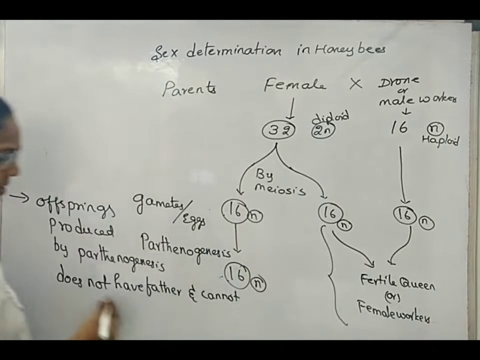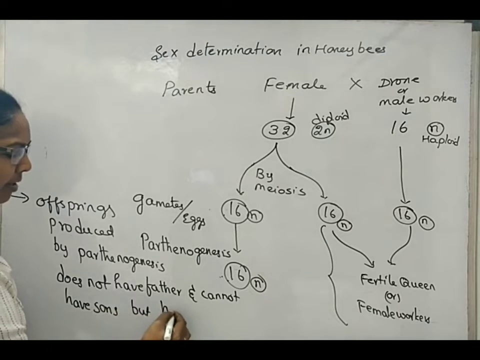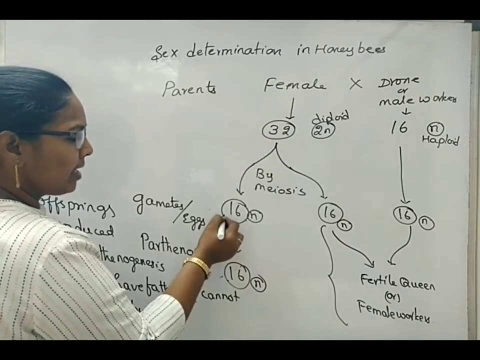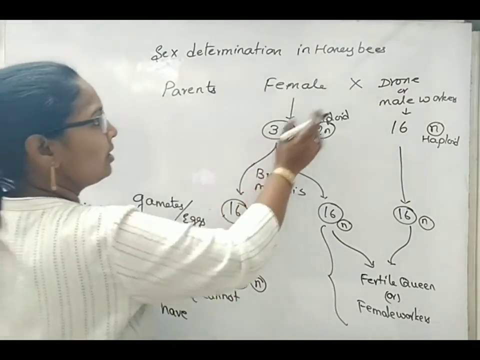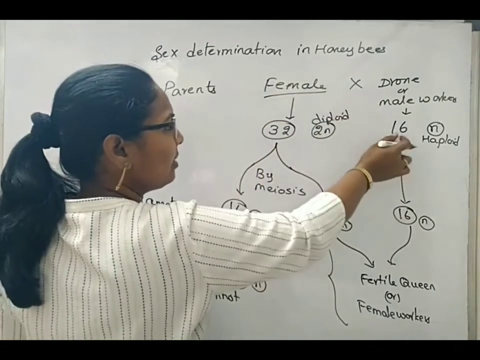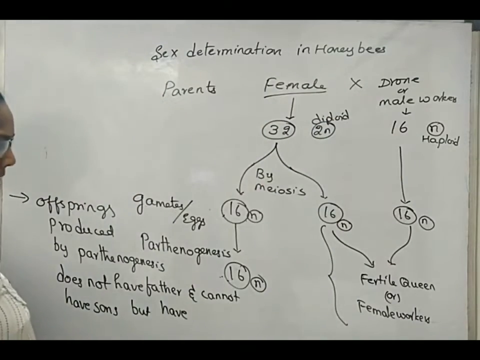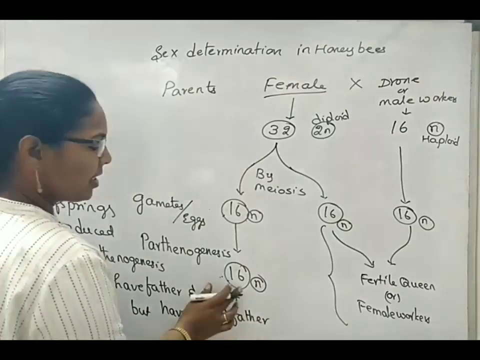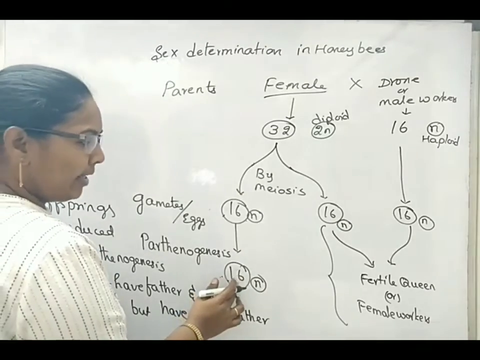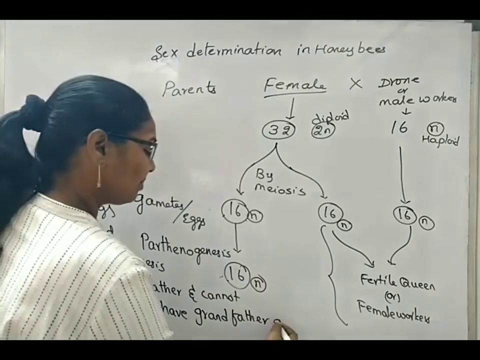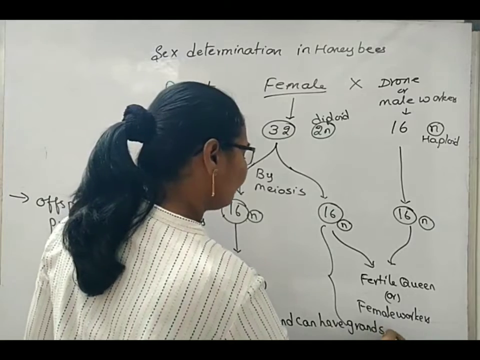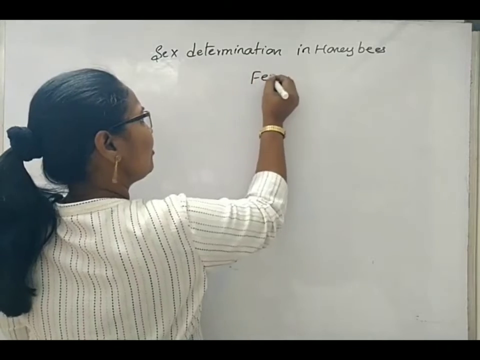But they have a grandfather. If we consider the parents for this type of offspring, a female is surely formed from a male only, by fusion of male and female gametes, so it has a grandfather. In the next generations, if this is crossed with a female egg, then it can have grandsons.